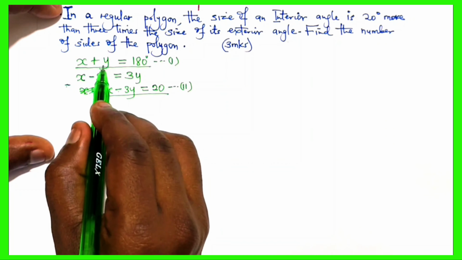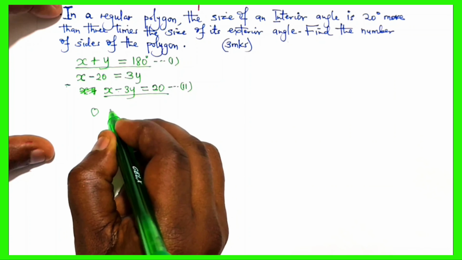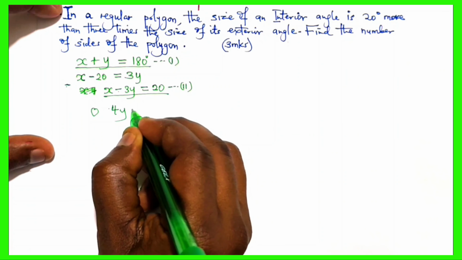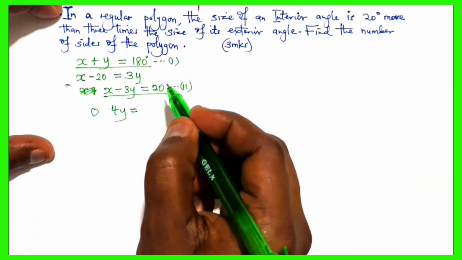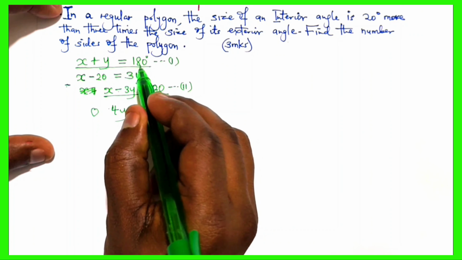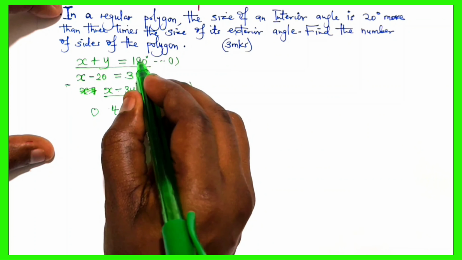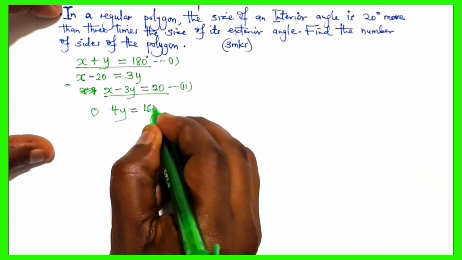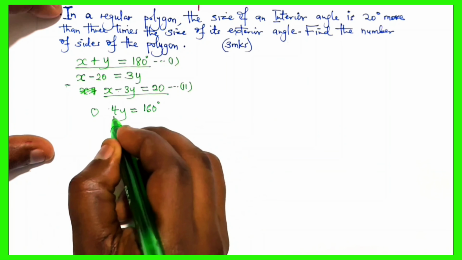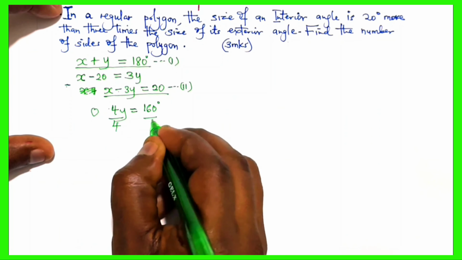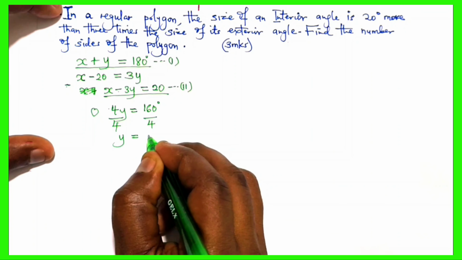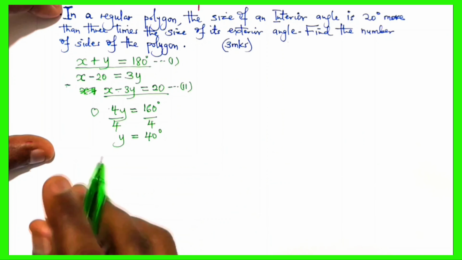It means you're going to add. So y plus 3y, we are going to end up with 4y to be equal to, and then on this other side I'll have 180 subtract 20. I'll have here 160 degrees. And then we divide both sides by 4 to get the value of y. So you end up getting here the value of y to be equal to 40 degrees.